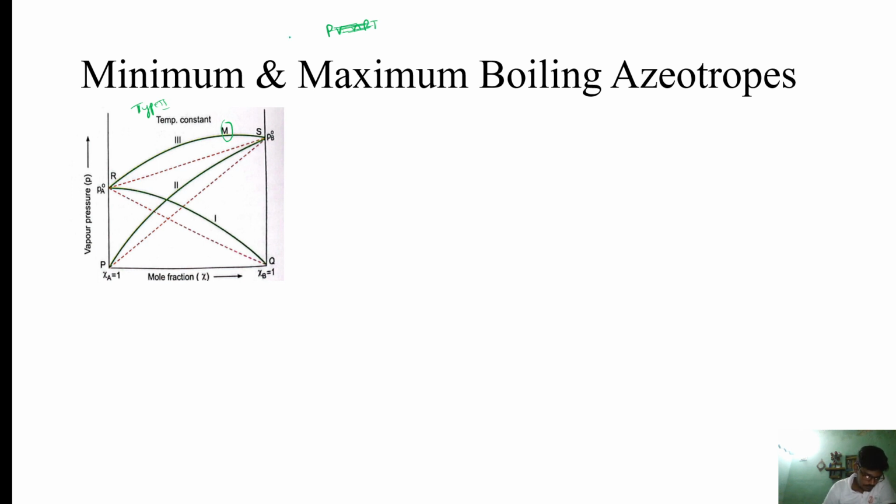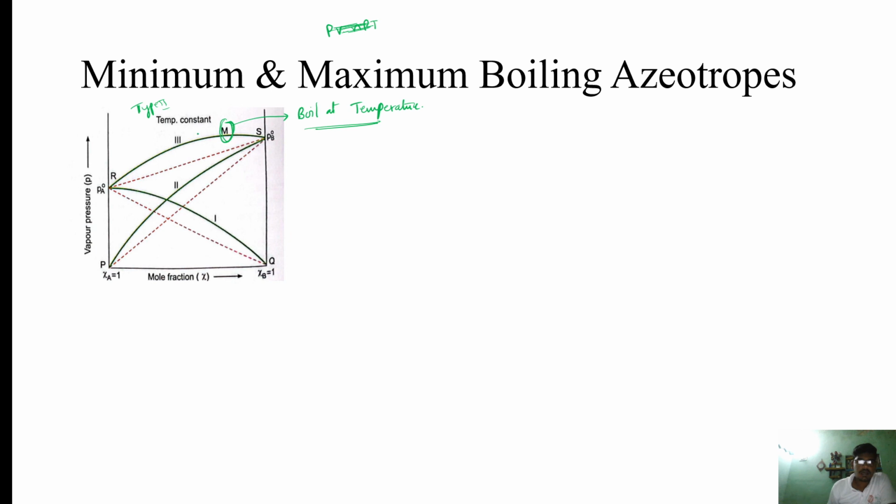Here the main point is that the solution has higher vapor pressure, and we know that whichever solution has higher vapor pressure will boil at a lower temperature. This is the thumb rule.